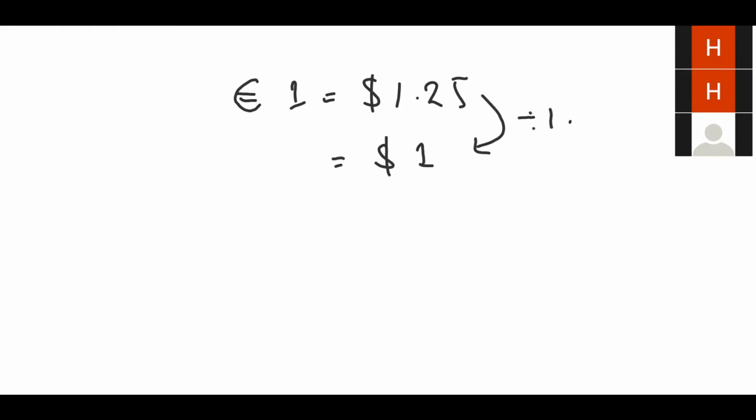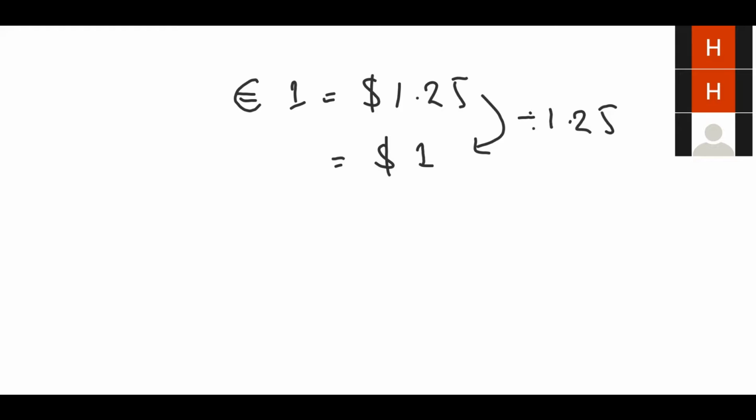In this case, we go with the concept of ratio and proportion, which is when 1 euro represents 1.25 dollars. So now what we're going to extract from here is what does one dollar represent? So when we're converting our 1.25 dollars into one dollar, what we're doing is we're dividing it by 1.25. Do you get that?